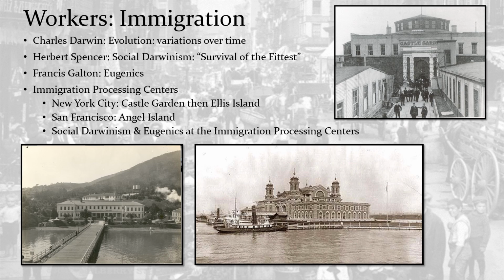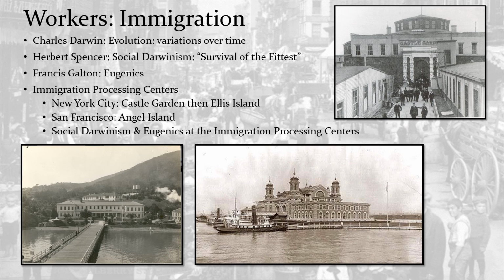And Charles Darwin, it all stems from his theory of evolution, that there are variations over time. Darwin never wanted this applied to human society, but Herbert Spencer, in his creation of social Darwinism and survival of the fittest, is really the culprit for this.